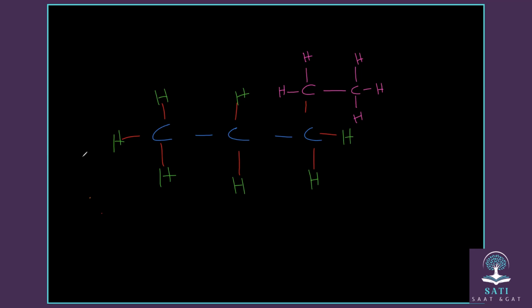So I redraw it here, C, as you see here. These first two, hydrogen, hydrogen, hydrogen, hydrogen, hydrogen. This is the first one. I'm talking about the first carbon atom and the second carbon atom, so I redraw them here. And now I redraw the third one, the number 3.